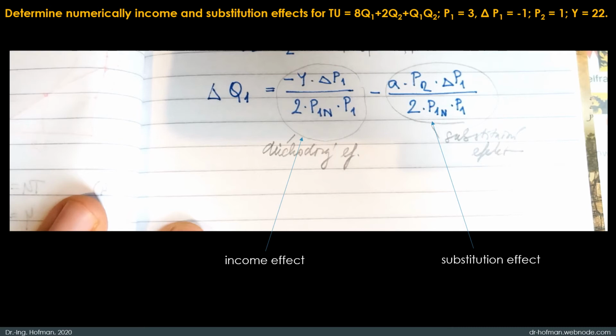and this means delta Q1, the change of the quantity. These two parts: the left is the income effect, and the part on the right is the substitution effect.